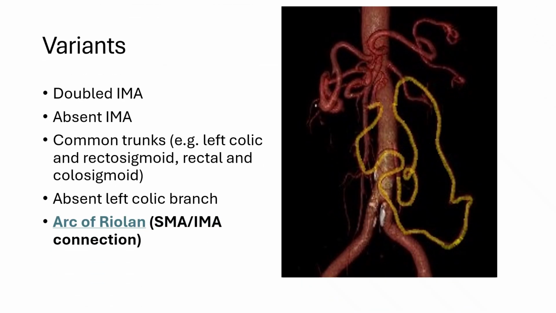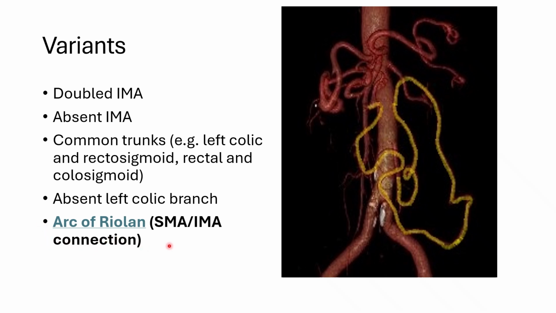Now the variants of the inferior mesenteric artery are the double inferior mesenteric artery, absent inferior mesenteric artery, and common trunks like left colic and rectosigmoid or rectal and colosigmoid arteries, or absent left colic branch. So these are the variations of the inferior mesenteric artery, and there is one important variation, that is the arc of Riolan.